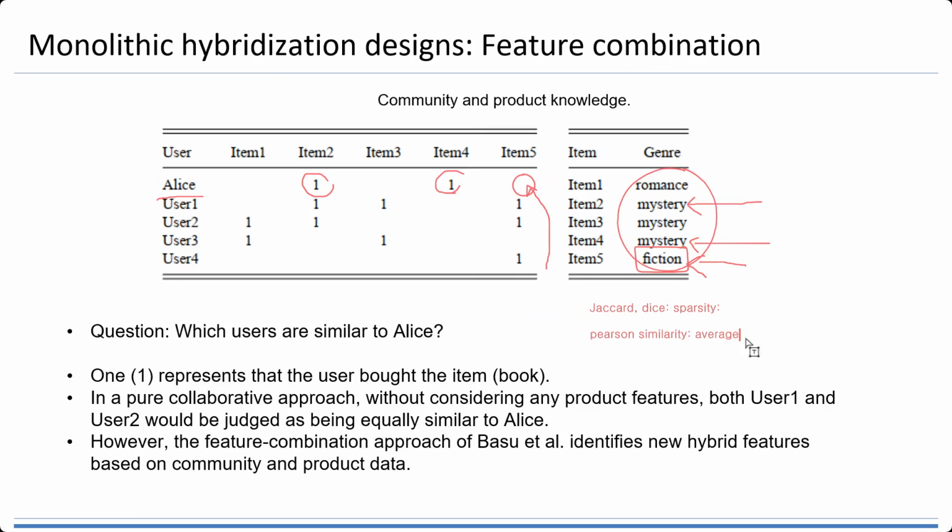That's why it is good to measure the similarity using Jaccard, Dice, or cosine, because they don't rely on the average. If you use Pearson similarity, you rely on the average, which is biased.